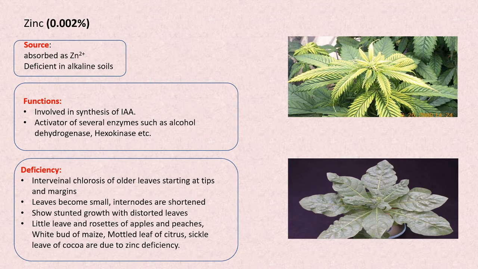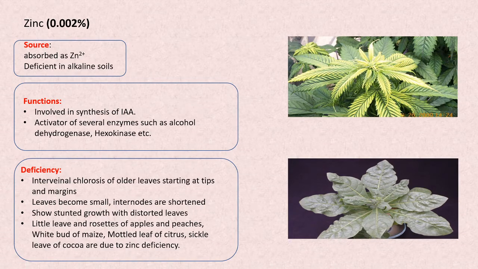And the deficiency symptoms are the intervenal chlorosis. You can clearly observe here intervenal chlorosis of older leaves starting from tips and spreading to the margins.